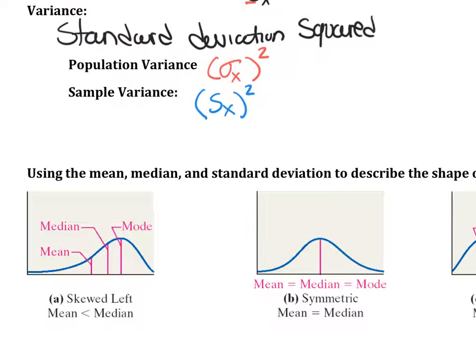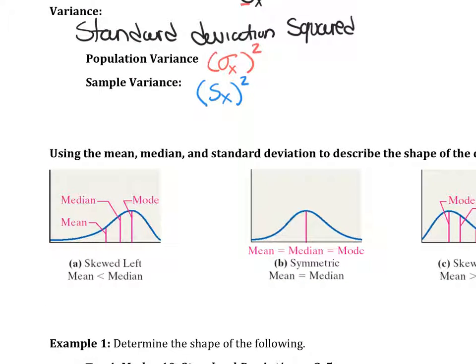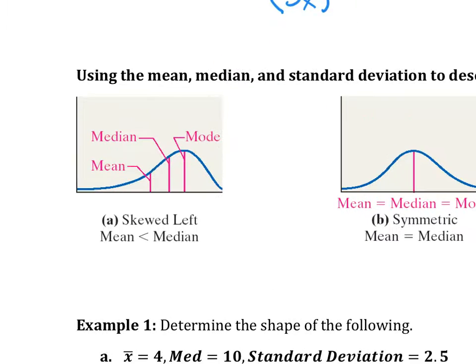All right. So one thing we can use also the mean, median, and standard deviation for is to help us describe the shape of the distribution instead of just eyeballing it and looking at the shape. This gives us a more concrete way to determine the shape. It's still not 100% definitive, but it's a little bit more accurate than just looking at it.